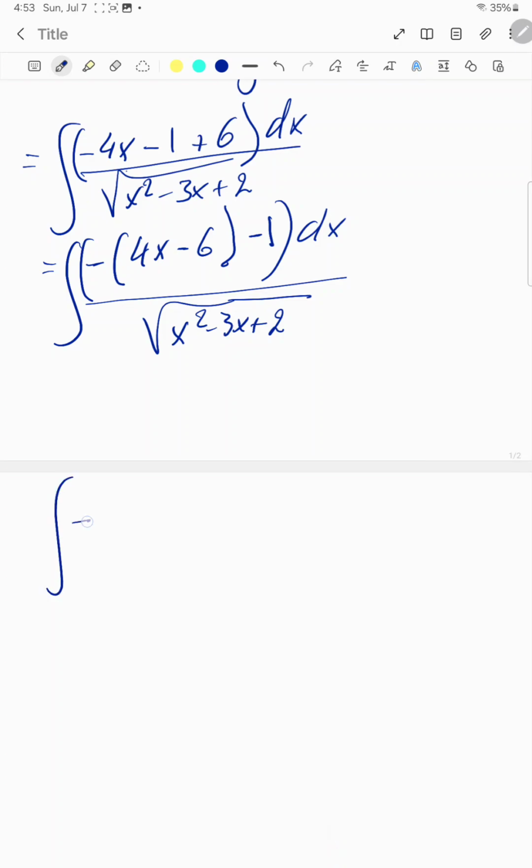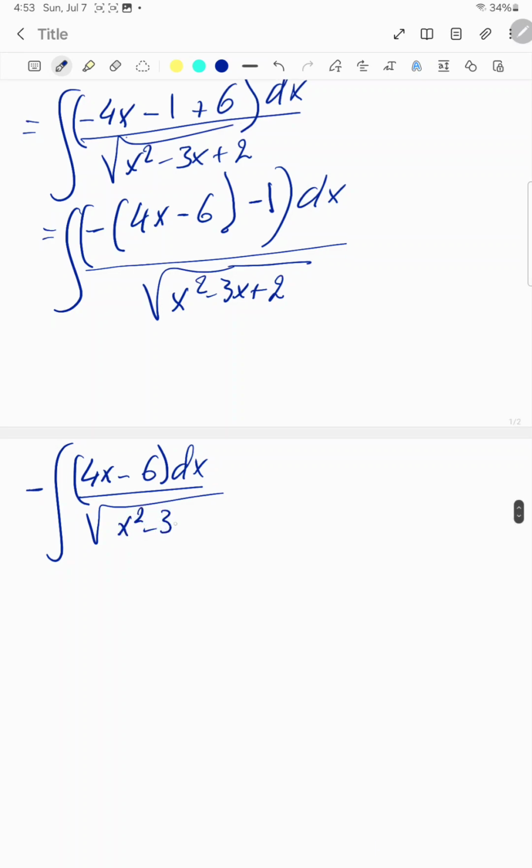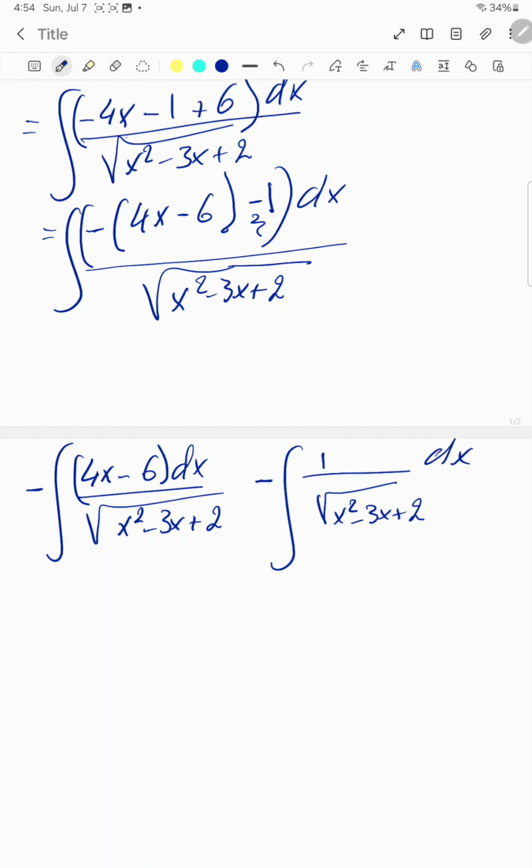The first one is, let's put the minus outside, minus the integral of 4x minus 6 dx, divided by square root of x squared minus 3x plus 2. And then I have the minus here, integral of 1 over square root of x squared minus 3x plus 2 dx.